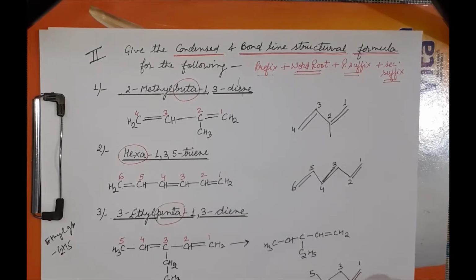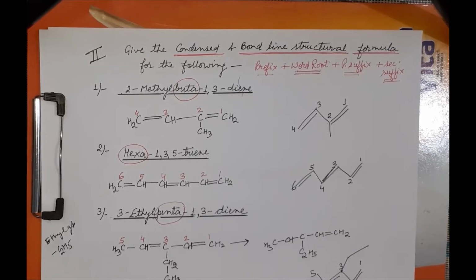C1, C2 double bond, C3, C4 double bond, and at C3, this carbon atom has the ethyl group. Ethyl group will be written like this. So this will be the bond line formula for this compound.